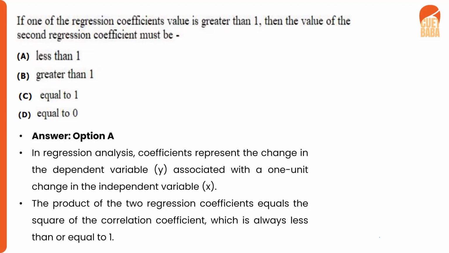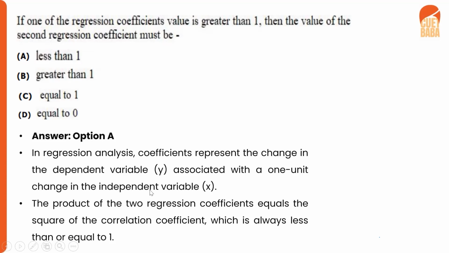So usually in regression, we have coefficients that represent the change in the dependent variable, that is y, associated with the 1 unit change in the independent variable, right? So when we look into that, the product of two regression coefficients equals the square of the correlation coefficient, which is always less than or equal to 1.